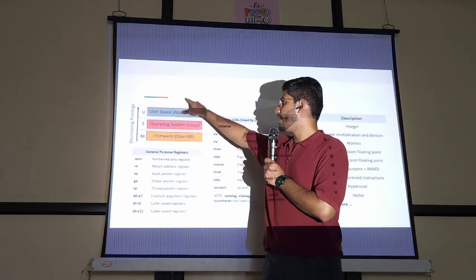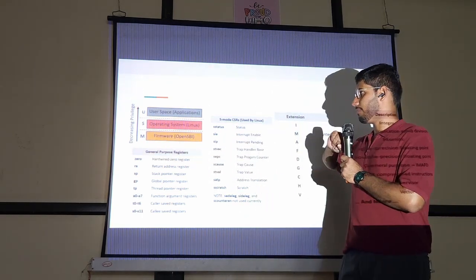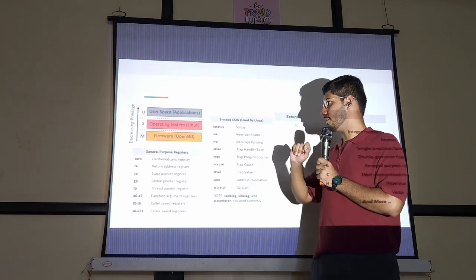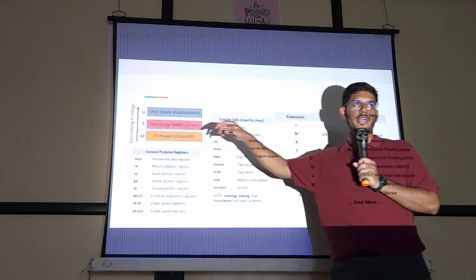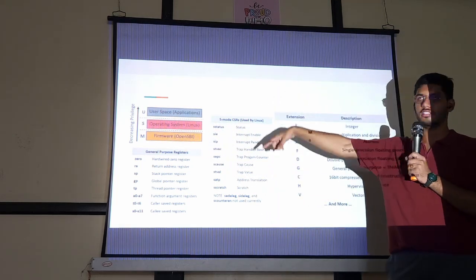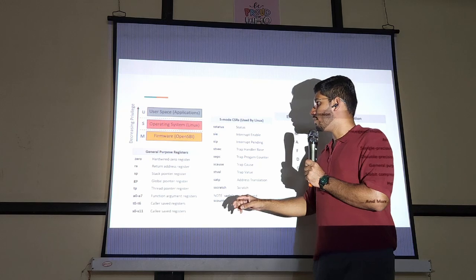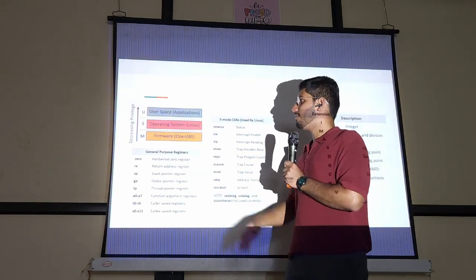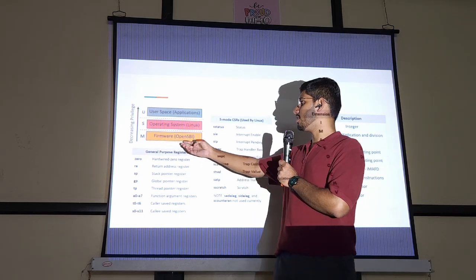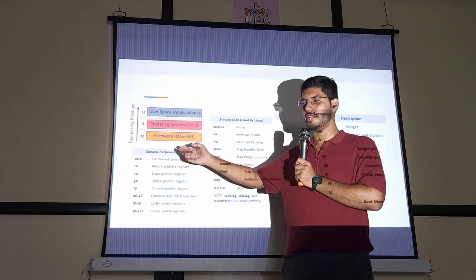Now these are the privilege levels in the RISC-V architecture, which we saw in the first slide. These are M mode, S mode, and U mode. Every RISC-V based SoC has these privileges. To start with, M mode is machine mode, where the firmware runs. Just for instance, here it is OpenSBI.